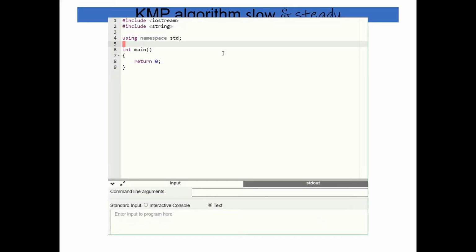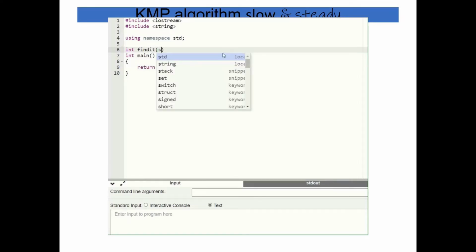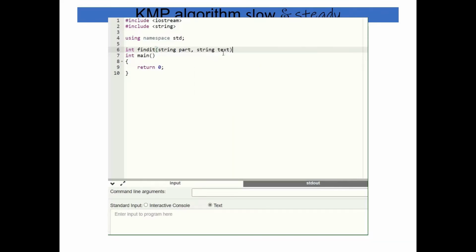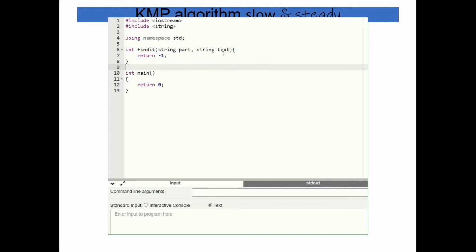So let's get our first version done right away. What were we supposed to do? We were supposed to implement this function. Find it takes in two arguments, part and text, and returns the position of the first occurrence of part in text. But for now, we just return -1. We also need a way to test our function, so we'll keep it simple here.